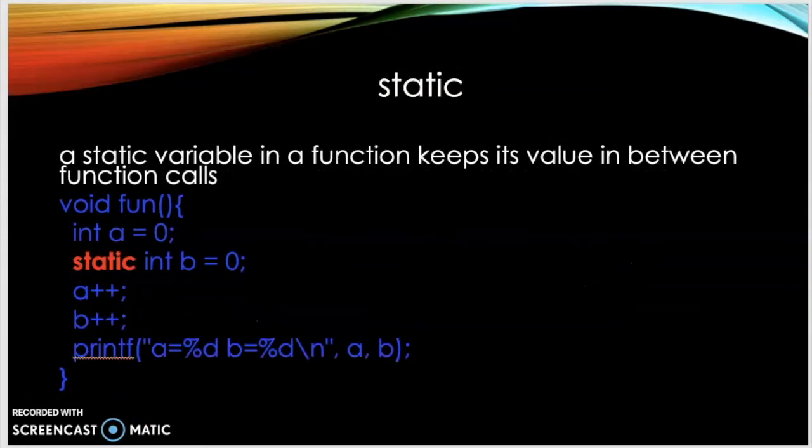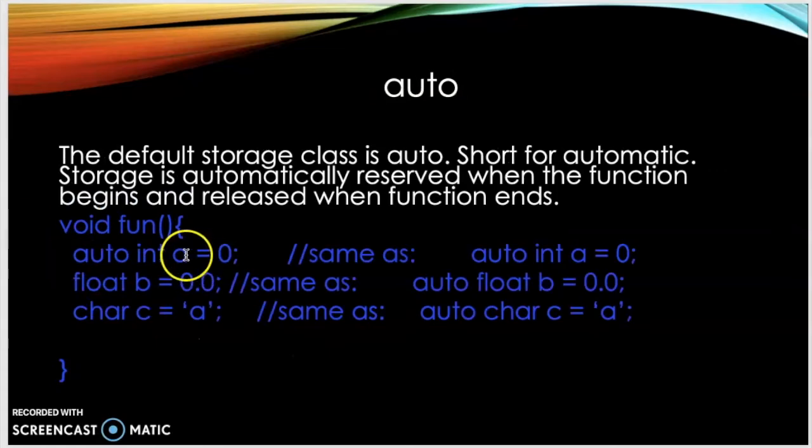So what might be new for you with this video is static. Static is different than auto. With auto, the lifetime of this variable A is that it's allocated when you start the function and it's released when you get to the ending curly brace at the end of the function.